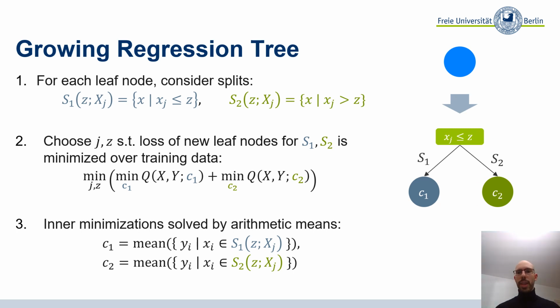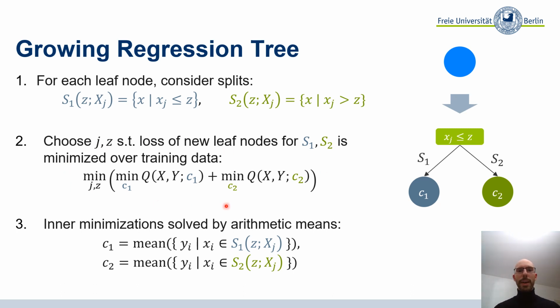And now the optimization objective when we do the split is we want to find good values. We want to find a good splitting variable, and we want to find a good value c for that splitting variable. And not only that, but we also want to find good prediction values C1 and C2 for those new leaf nodes.